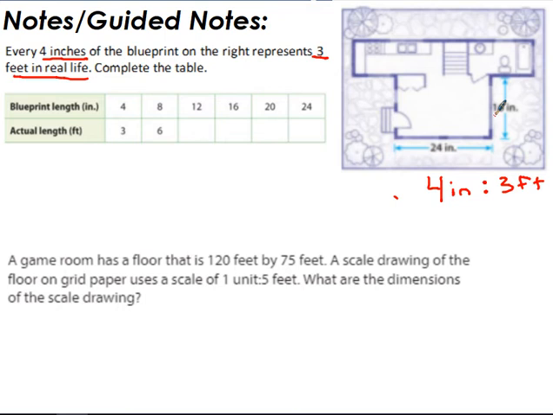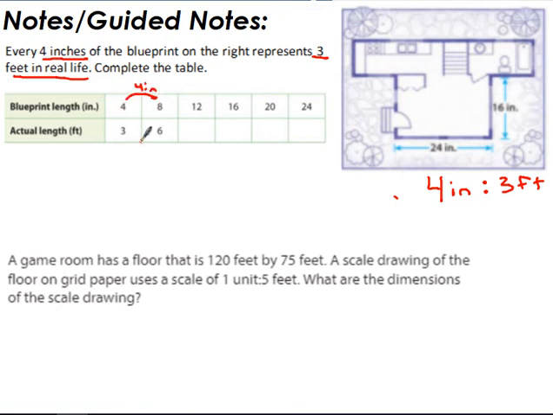So if I know the blueprint's 4 inches is 3 feet in real life, that means if I have 8 inches of blueprint, that's going to represent 6 feet in real life. Now we're going to count by 4 until we get to the 24 inches. Every time I go up 4 inches, I'm really going up another 3 feet. That's my scale.